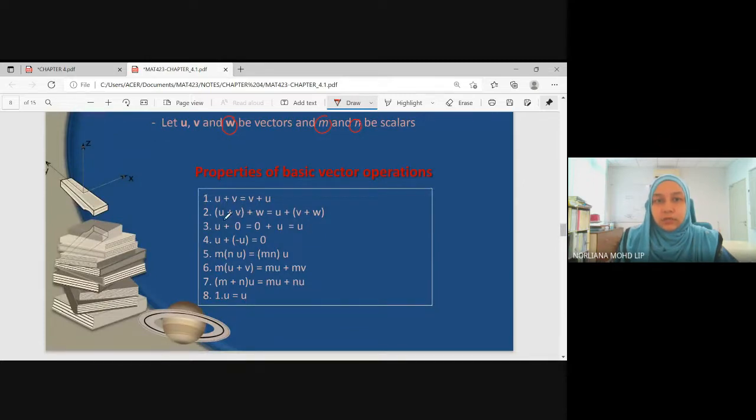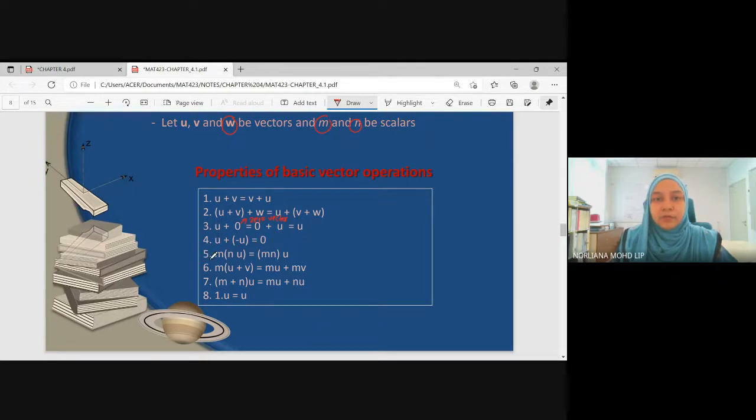Number 1, U plus V must be equal to V plus U. Number 2, U plus V plus W is equal to U plus V plus W. Number 3, U plus the 0 vector is equal to the 0 vector plus U is equal to U. Number 4, U plus negative U, which is the opposite direction of U, is equal to the 0 vector.